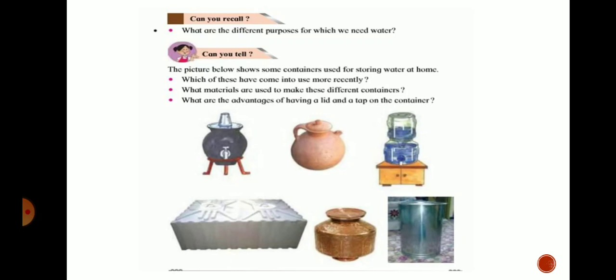We do not need to dip our hands into the stored water. So dust, dirt and other rubbish are prevented from entering the stored water, and the water remains safe for drinking. So all these are the advantages of having a lid and a tap on the container.